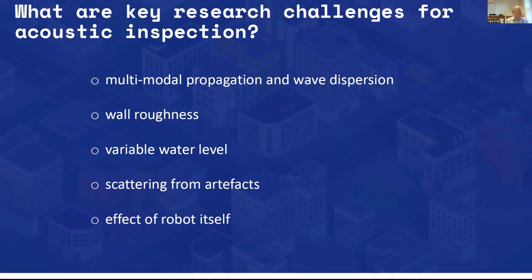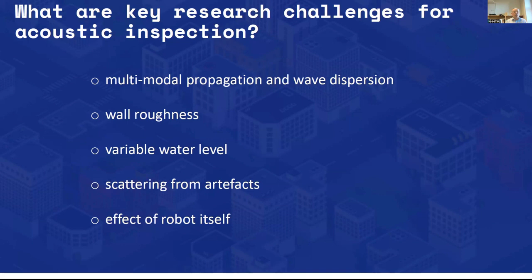So key research challenges when looking at acoustic inspection: you get multiple modes when you propagate waves in a pipe. At a particular frequency, you might get a wave that moves down the pipe, perpendicular to the axis of the pipe. These waves are very simple to analyze because they move down the pipe undistorted, hit something, and you get a very simple reflection.